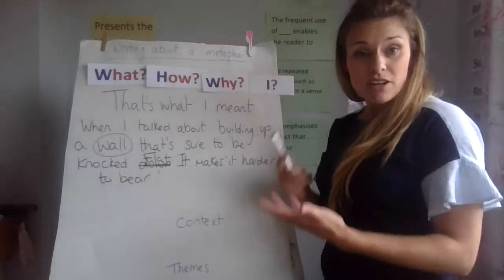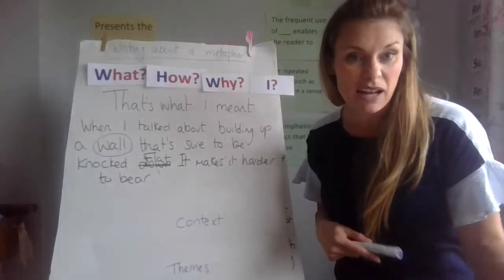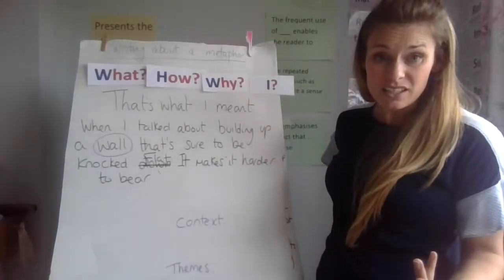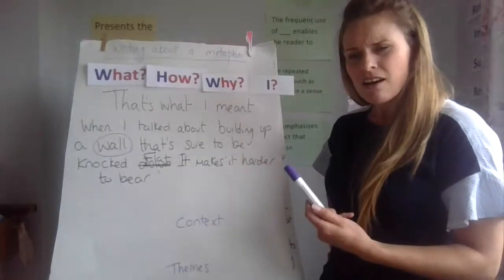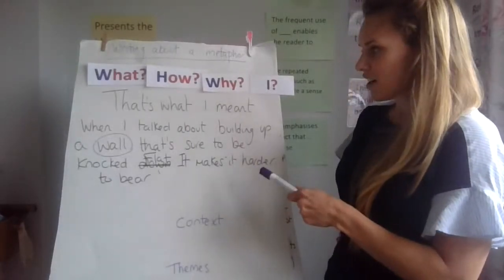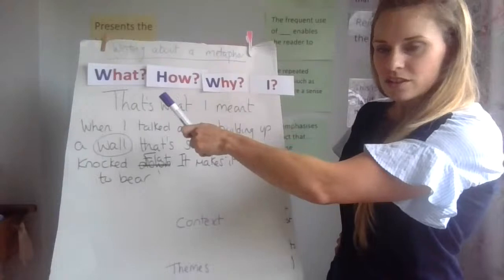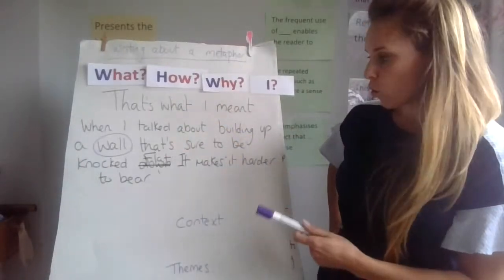And so he's writing this play from this point of view of trying to make capitalism look bad in a basic way. And then we have Sheila, who's his daughter, who comes out and is like, well, hold on a minute. There's something going on here. This isn't right. And she makes this quote, that's what I meant when I talked about building up a wall.